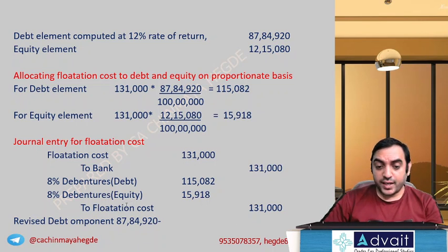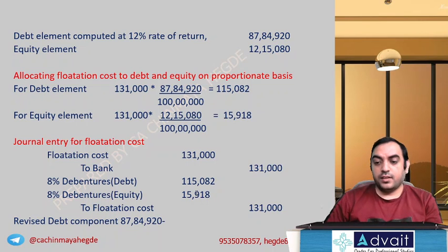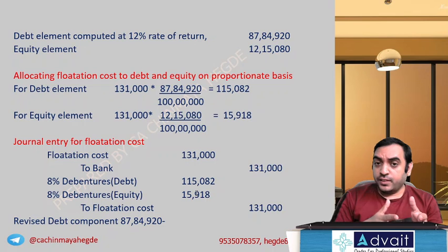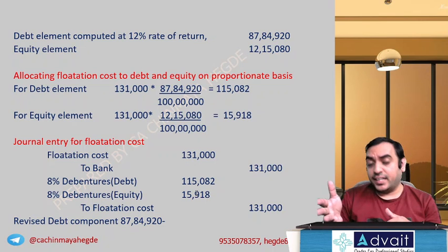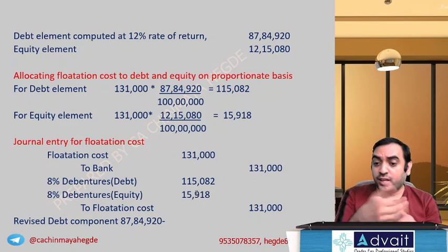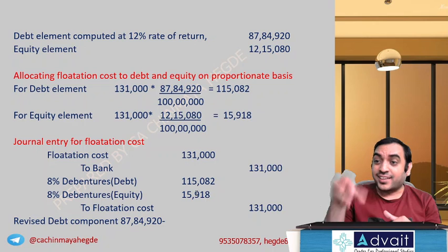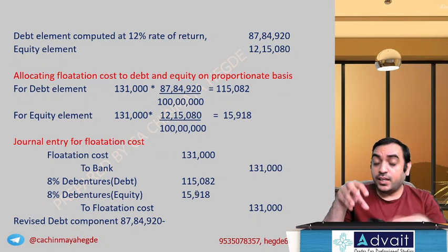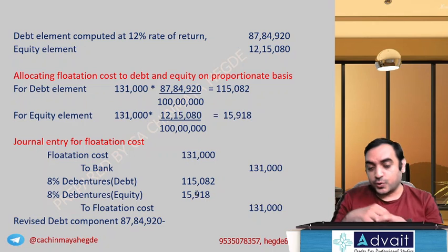Hope you understand why it is minus. Because this is a liability element, a credit item. Debentures debt was credited, debentures equity element was credited. Now you're debiting it. Flotation cost is a debit item. So credit item set off with debit item will reduce. A liability adjusted with a debit will reduce.